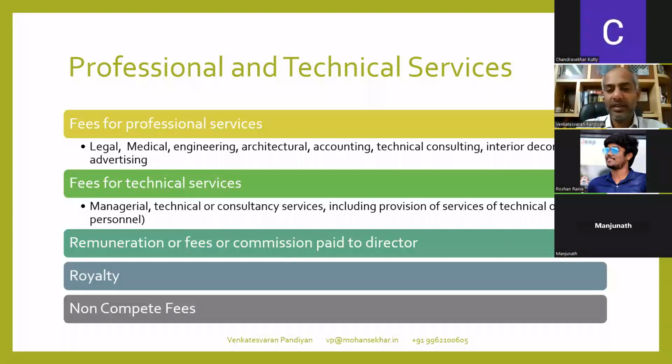They get into an agreement saying, okay, you should not practice in this particular area, or you should not practice for some more years, and for which fees is paid. That's called non-compete fees. Any payment in the category of non-compete fees will again fall under section 194J, and TDS has to be deducted at 10%.